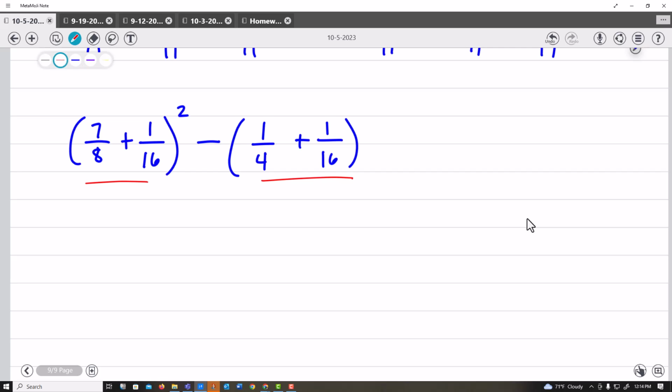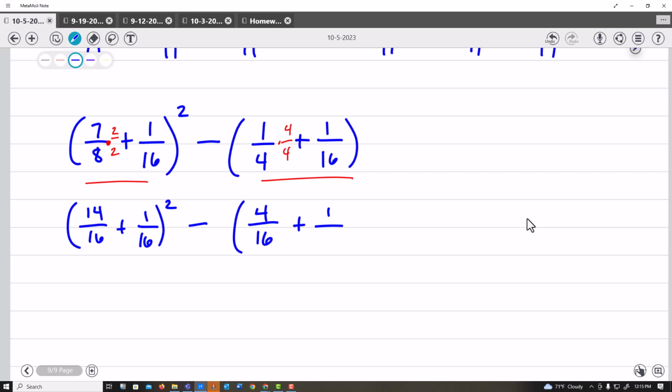Anything that does not have a 16, I'm going to multiply by 1, hence 2 over 2 and 4 over 4. So this piece becomes 14 over 16 plus 1 over 16. Don't lose that squared. This piece becomes 4 over 16 plus 1 over 16.